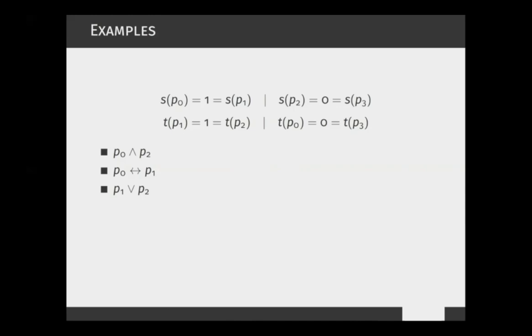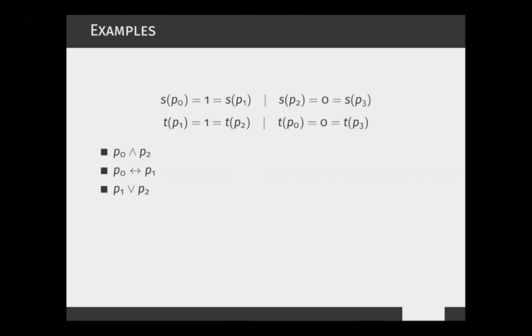In assignment S, we know that P0 is 1, P1 is 1, but P2 and P3 are both 0. So this first formula is false because P2 is not true. We can determine whether this is true under the T assignment, but we see that P0 is false again. So this formula is not true under any of these assignments.